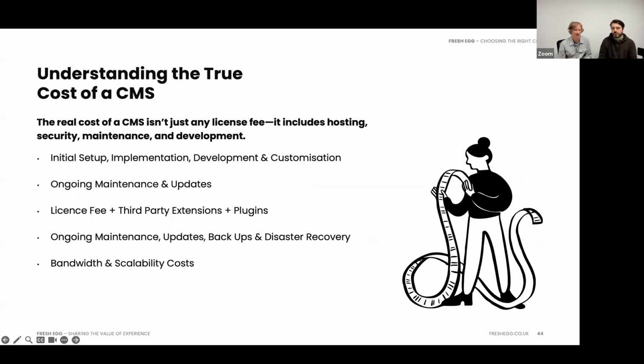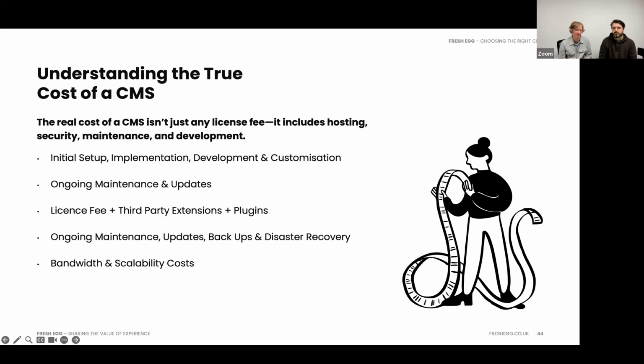You have to think about the initial setup and implementation: some technologies are faster to develop, some need more customization. But also think about ongoing maintenance and updates. Who's looking after the patching of the server? Have you got to engage with a freelancer or your IT team? It's not direct, but it's still a cost. What about license fees, what do you have to pay for a third-party plugin?